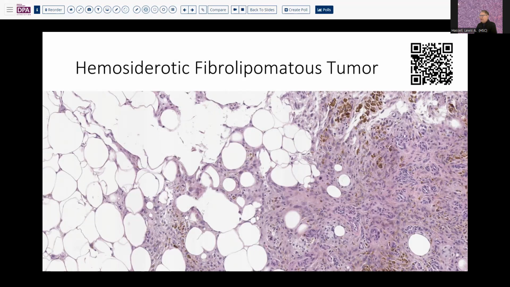This tumor can be CD34 positive, as so many of our spindle cell lesions are. So that is not going to be particularly helpful to you and shouldn't be misleading or lead you to think that this is solitary fibrous tumor or something else that we see more frequently.